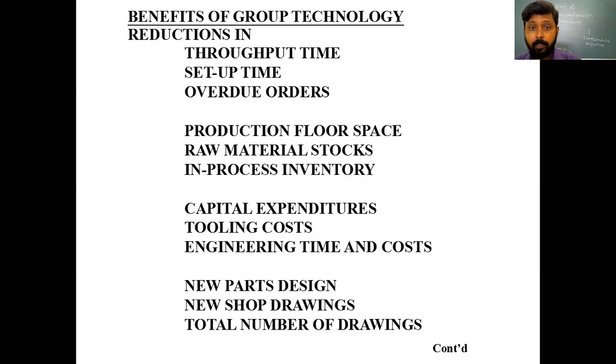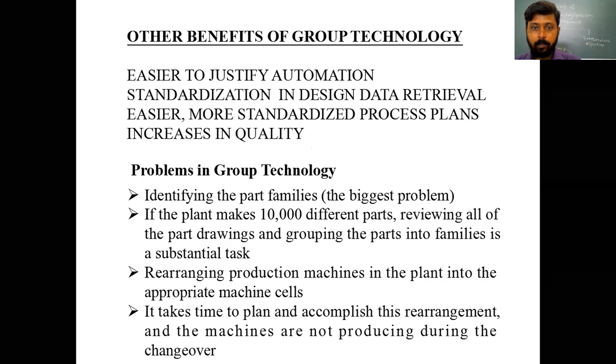So a reduction in capital expenditure is expected from group technology. New part design, new shop drawings, and total number of drawings are also examples. These are points that you have to write in the exam, or you just get to know what gets reduced.